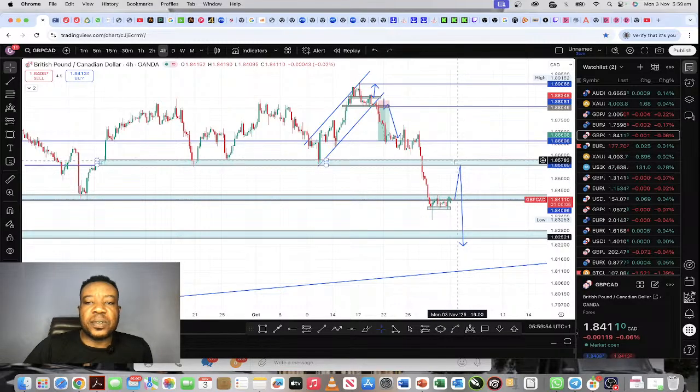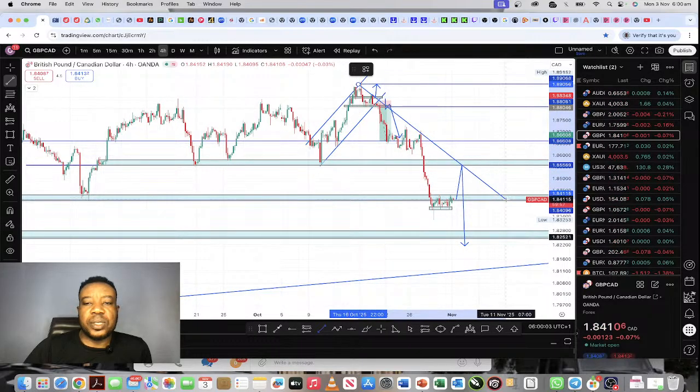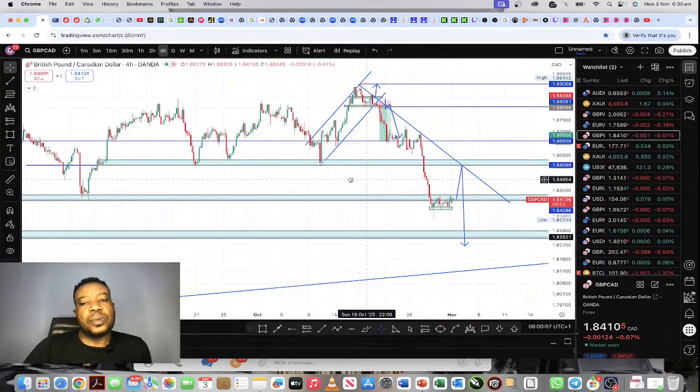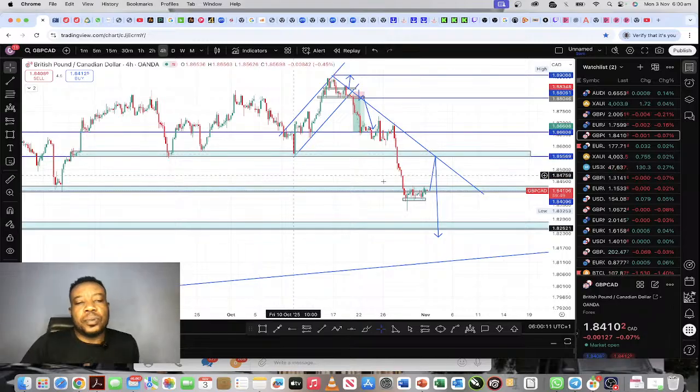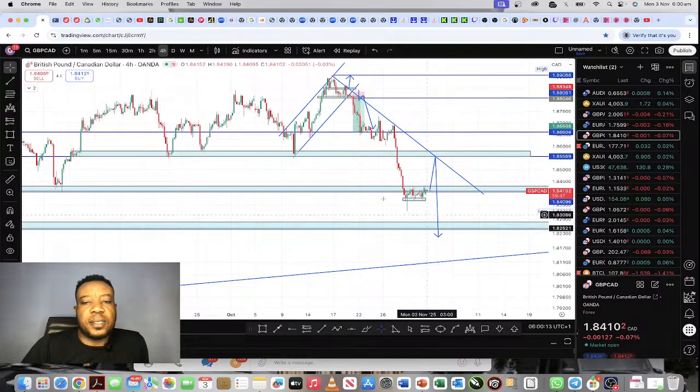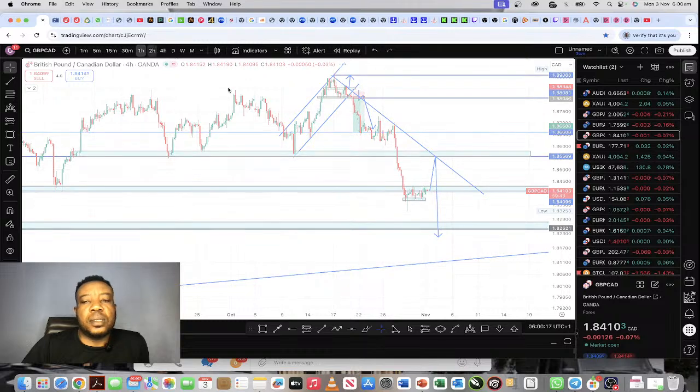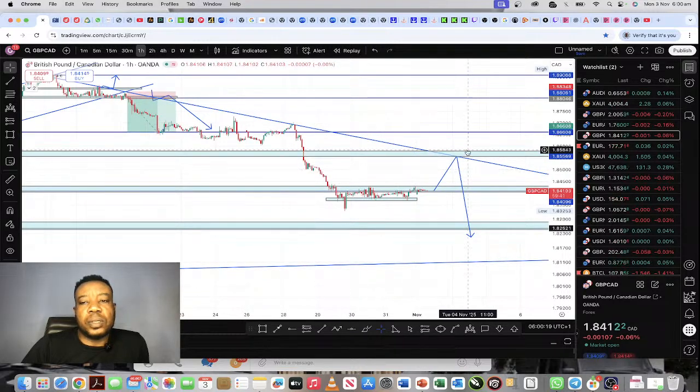I'm expecting price to get to this level and give me a reasonable reaction. As well, I have this trend line here, which price could come back to react to. So that's my assessment on this. My outlook is on GBP CAD.